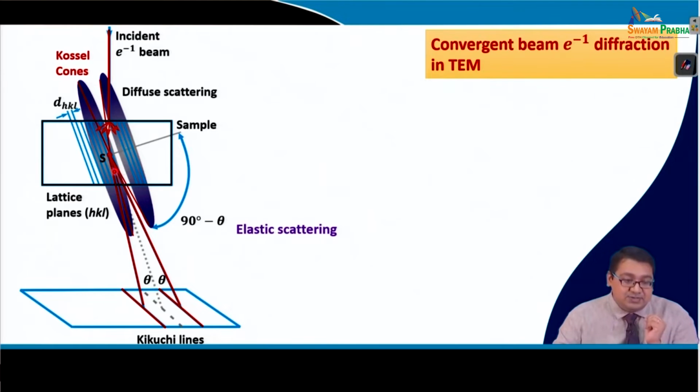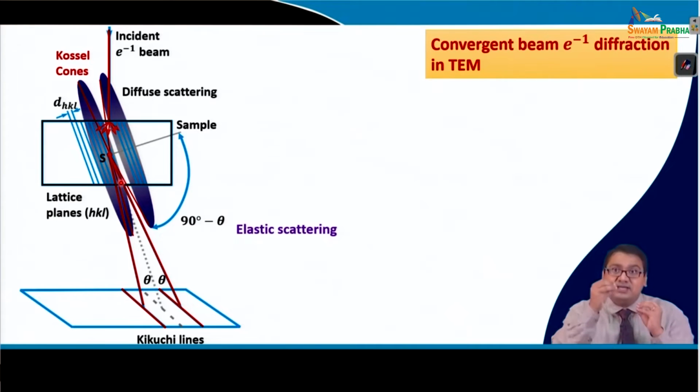It happens in all possible directions following Bragg's law. Now, as you know, the electron beam has a very small lambda. Because it has a very small lambda, Bragg's law is relaxed, and because of which a certain HKL plane can diffract from both directions, right.